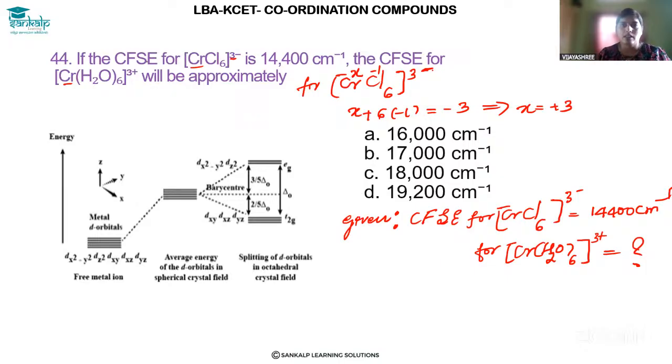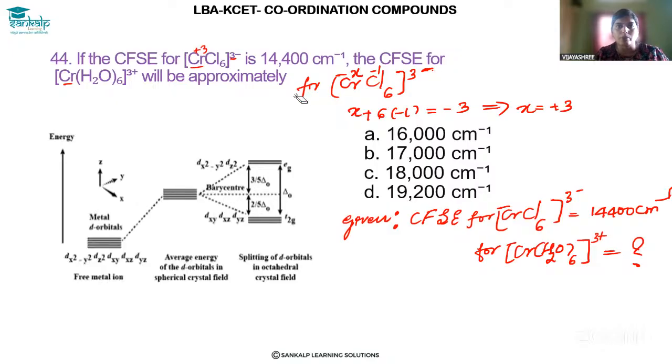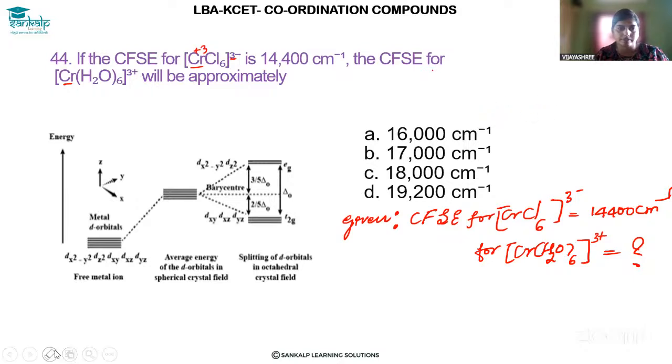Here chromium is in +3 oxidation state. Similarly, we have to calculate the oxidation state of chromium in the Cr(H2O)6 3 plus complex. Let the oxidation state of chromium be X. Water is a neutral ligand, so its charge is 0.